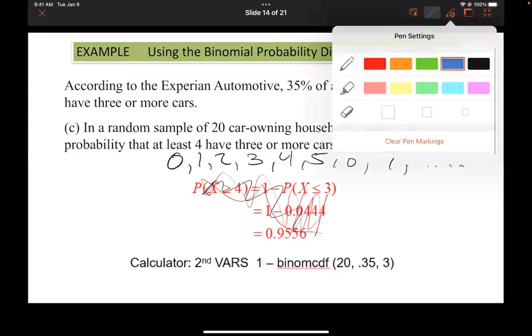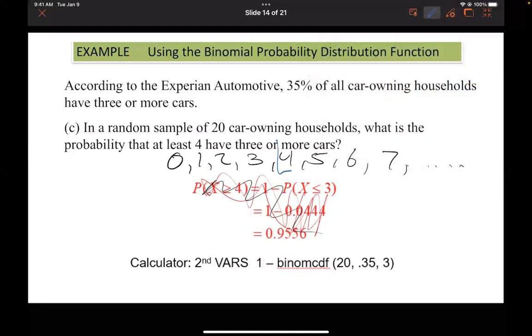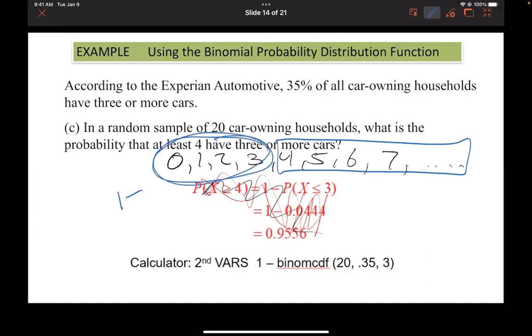So we want this right here, but we don't have a function that can do that. So what I can do is find this and do 1 minus. So that'll basically be the complement. We're going to find everything that's not this right here.